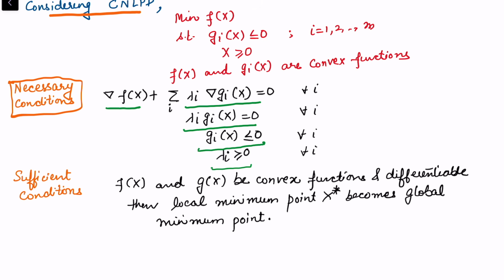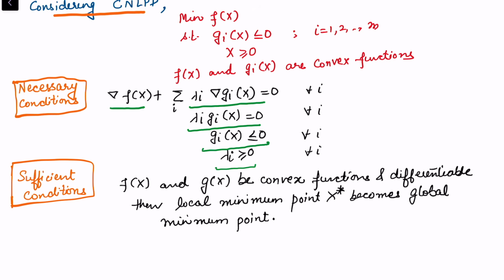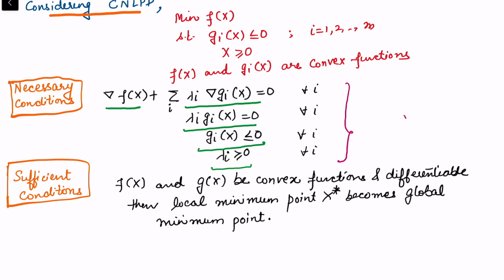For the sufficient condition, when we solve these equations simultaneously, we can find a point x star, and this point is a point of local minima. In addition, if we have shown that f(x) and all the constraints g_i(x) are convex functions, then, as I discussed in my last video, if the function is convex, the local minima becomes the global minima.